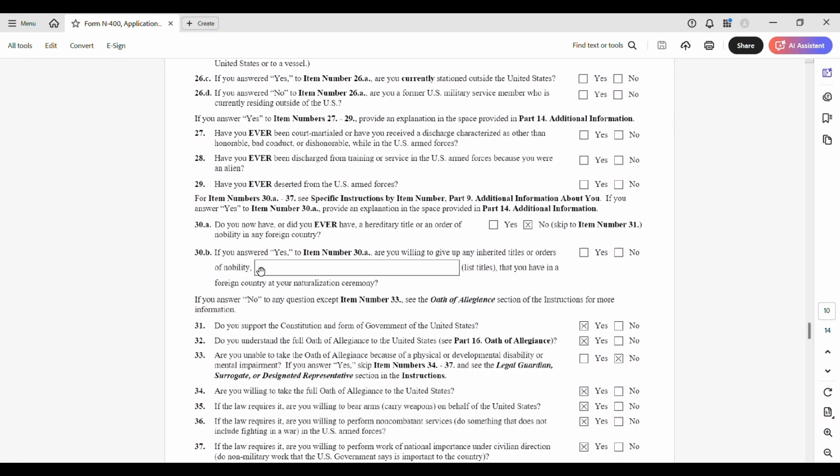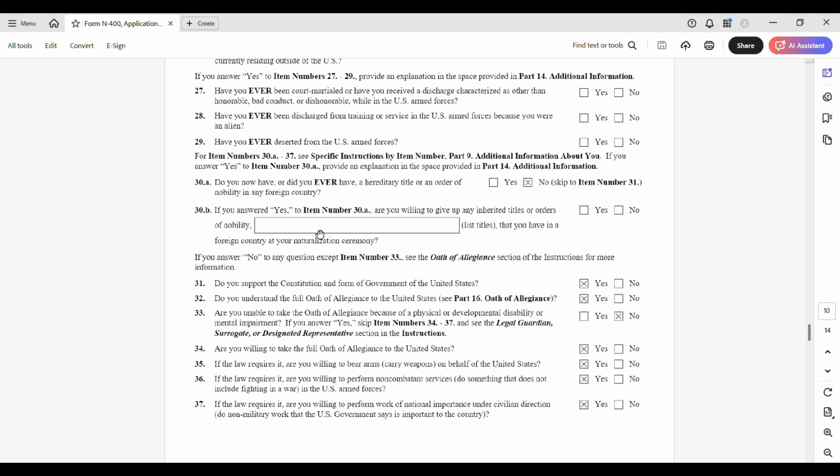If you answered yes to item number 30A, are you willing to give up any inherited titles or orders of nobility? If this doesn't apply to you, as in this case, we would write NA or type it in if the computer allows us to do so.